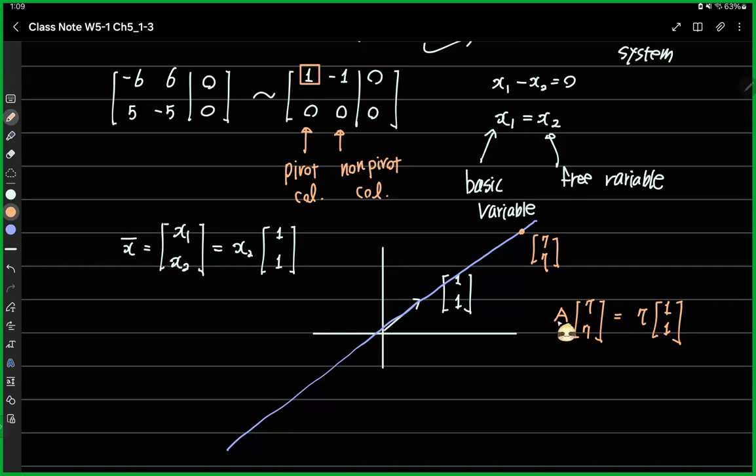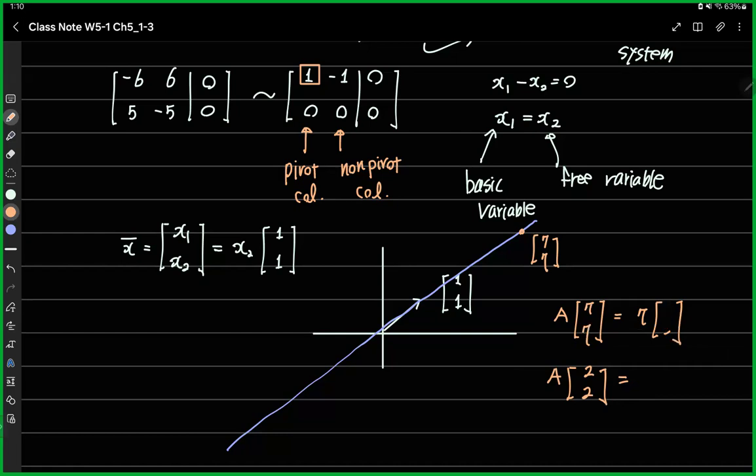So now we can see clearly what's the role of the matrix A. Oh, this is 1, 1, sorry. Here's 1, 1. I'm sorry. Hold on a second.